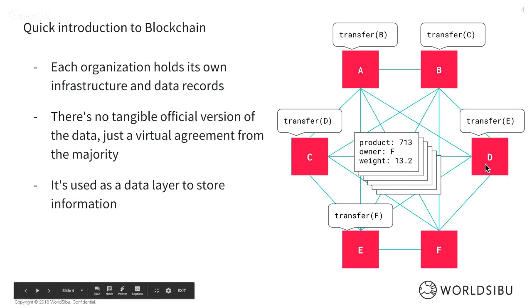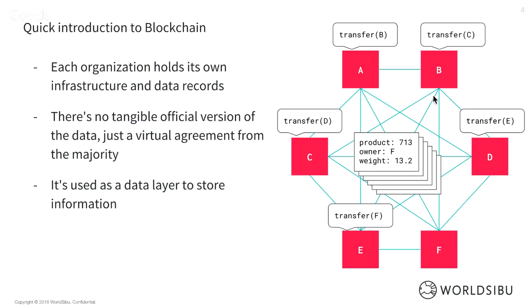Each of the organizations has a copy of this data, and the official version of the blockchain data is just an agreement of what the majority of the organizations have. So as I told you before, if organization C tries to alter this data, although they can do it because they own the data infrastructure and can alter the information they are recording in it, the rest of the network won't be affected by C's changes. That's a good thing about blockchain. That's why we trust blockchain.